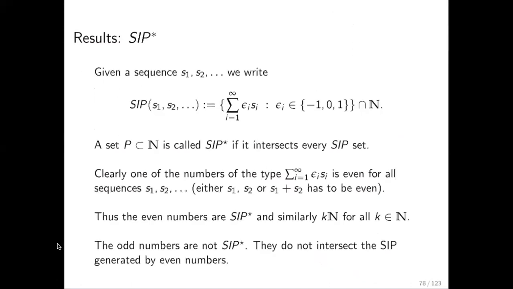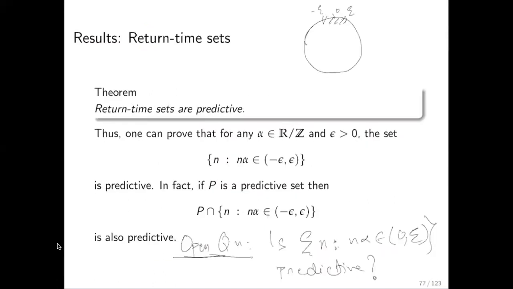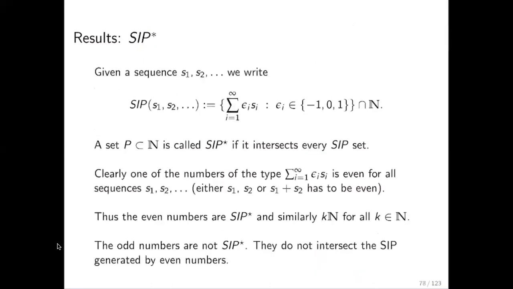The second result is regarding the SIP star sets. This is a sufficient condition; let's look at necessary conditions. So what are SIP sets? SIP sets naturally come up in additive number theory, additive combinatorics kind of questions. Its full form is symmetric infinite dimensional parallelepiped, or some people call it symmetric idempotent, depending on where you come from.